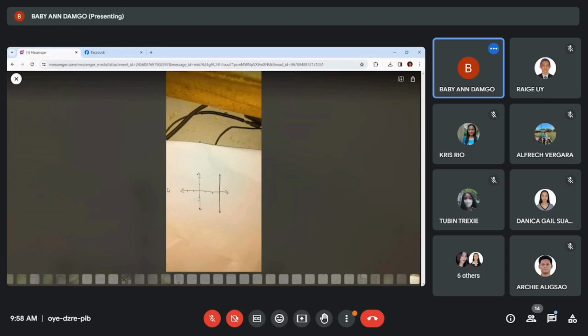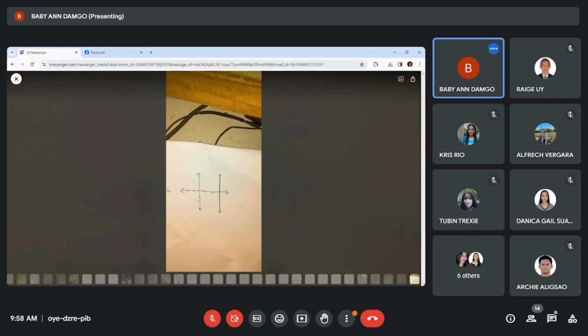And then, ang blue, this is when R is 2. Okay? And then, in red, when R is 3. Black, when R is 4. And then green, when R is 5.